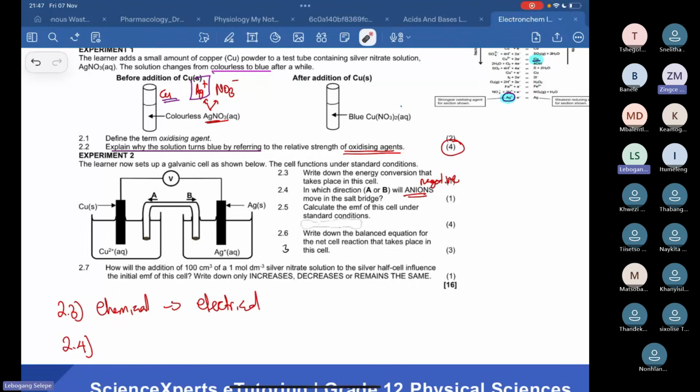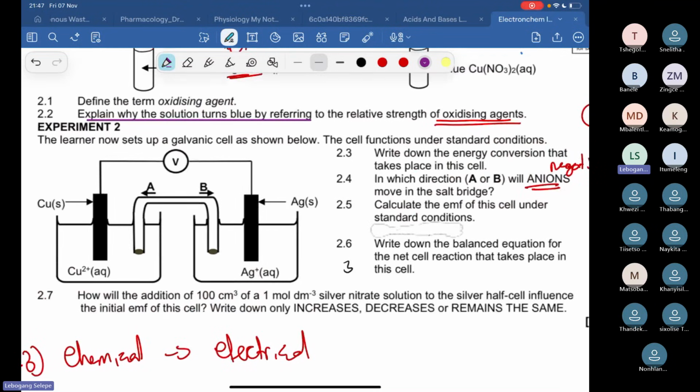I said A. Why? How did you get to that conclusion? Because silver is oxidized, it loses electrons. All right. So let's just write down what happens here. You said that silver is the one that will be oxidized.